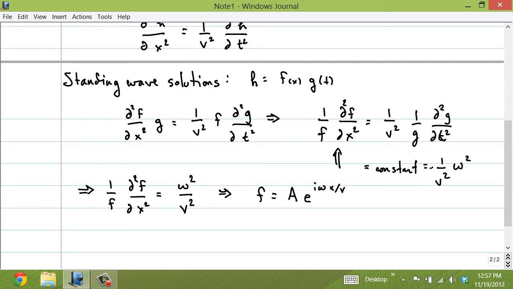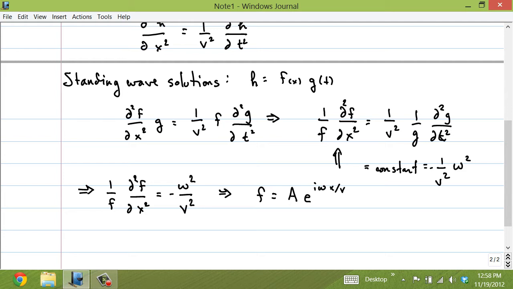I'm taking this constant to be negative. I apologize for that. Good. And you can see that just taking the second derivative of this with respect to x will pull down two factors of i omega over v from the exponential, and you'll get minus omega squared over v squared times f.